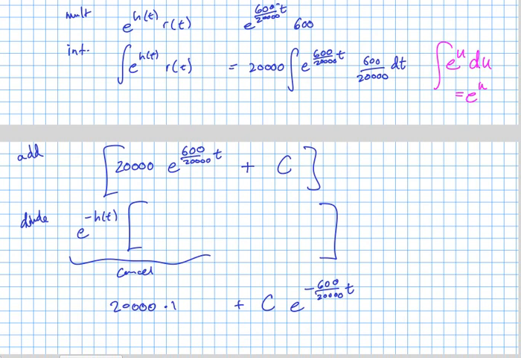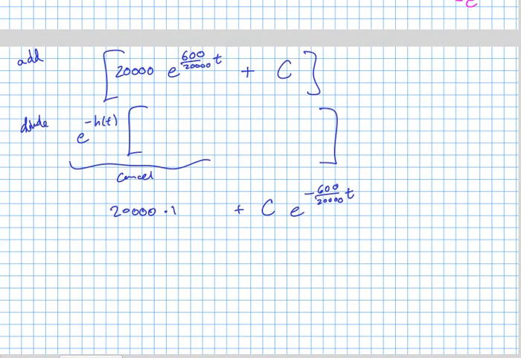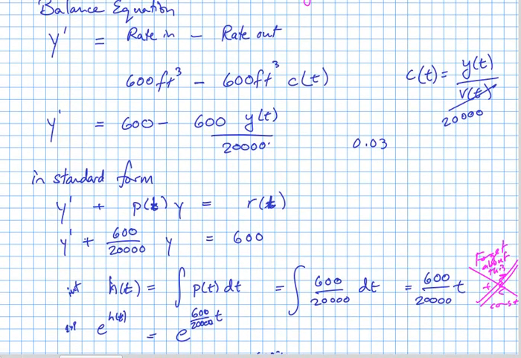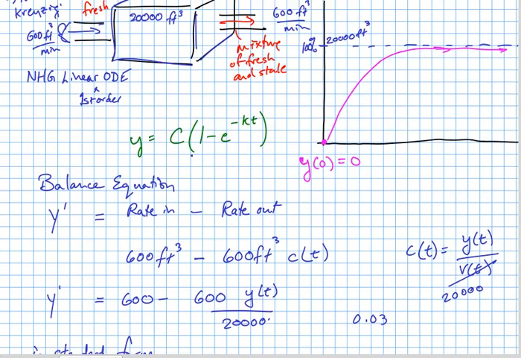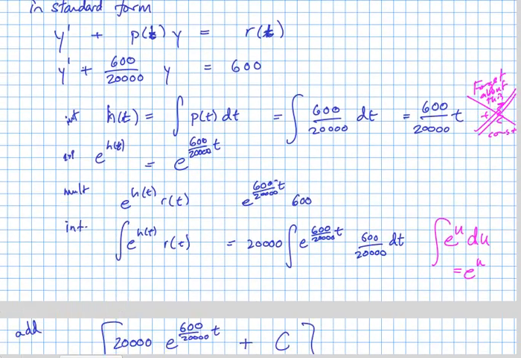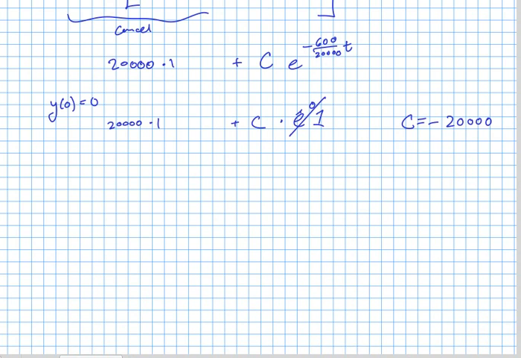Now you might ask, how do we get y of 0 equal to 0? Well, that would be 20,000 times 1 plus c times e to the 0, which of course is a 1. That tells you that c is equal to minus 20,000. That's why the constant can be pulled back out in this model.